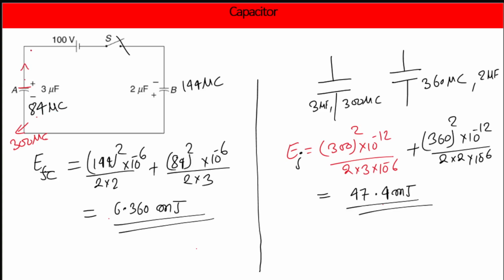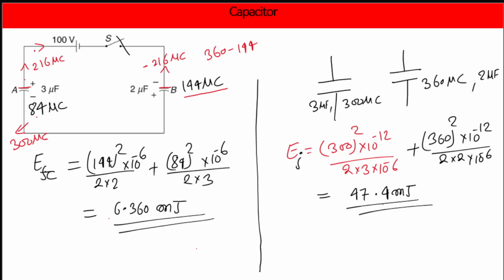So how much charge must have flown into the battery? That is 300 minus 84, which is 216 microcoulomb. Similarly from here, initially it was minus 360 and finally it is minus 144. If you take the difference, 360 minus 144, you get 216. So minus 216 microcoulomb of charge has flown into the battery.